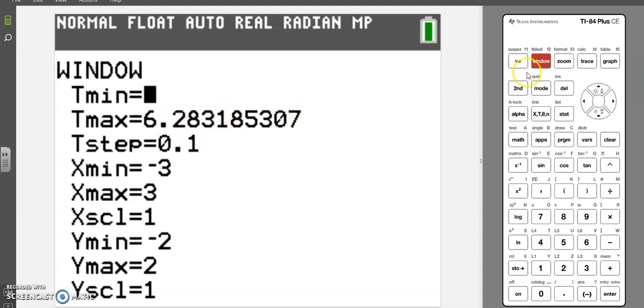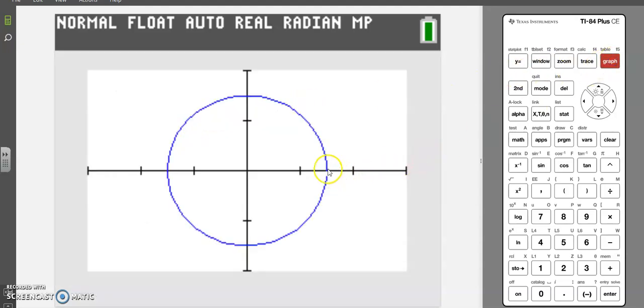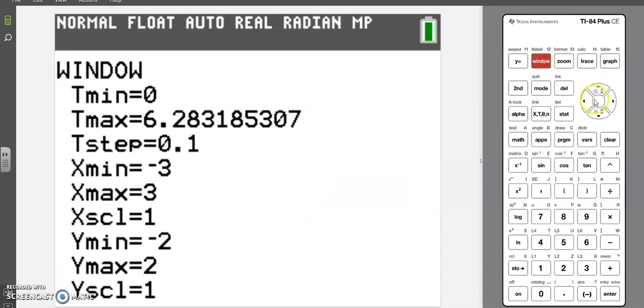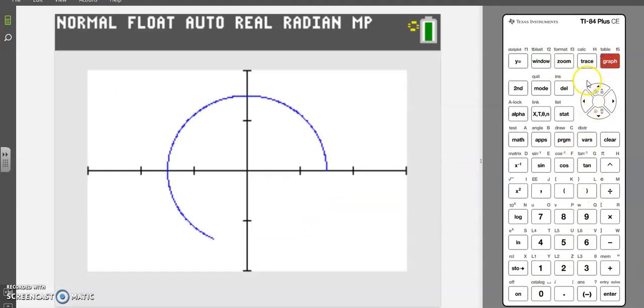So it never really gets to 6.28, and that's why there's a little gap there. So you would need to either change your Tmax to 6.3, or go back in and go back to your 0.01 in order to get that.